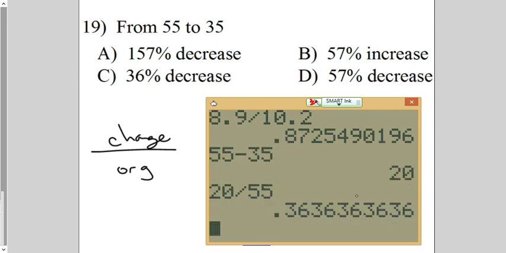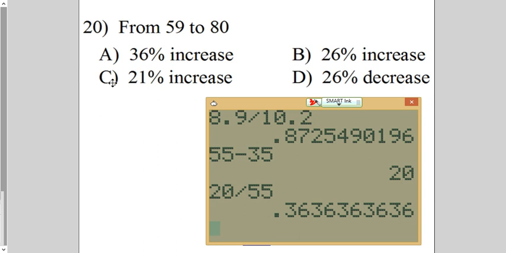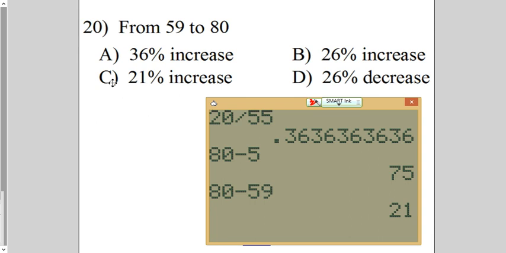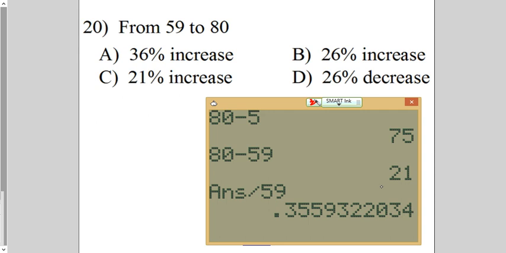There is your decimal, so that'd be about 36%. There it is. 80 minus 59. Whoops. 80 minus 59. You got to make sure I type it in correctly. So 21 is our change number, and we're going to divide it by the original, which is 59. We'll make it about, let's see, it's 35.5%. Here it is as A.